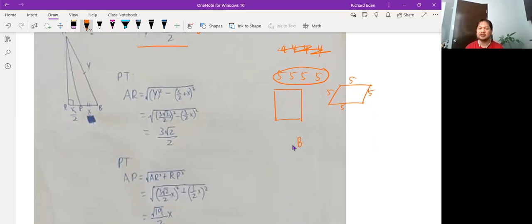Meron tayong tinatawag na Brahmagupta's. Have you by any chance heard about this? Yung cyclic po, kailangan po it must be... Yeah, right. So if you have a cyclic quadrilateral, the formula for the area looks very much like Heron's formula.